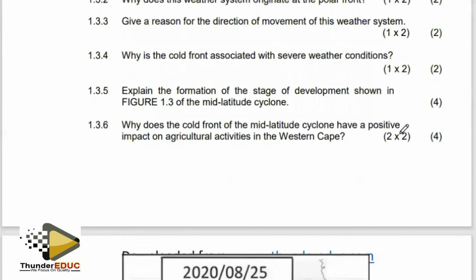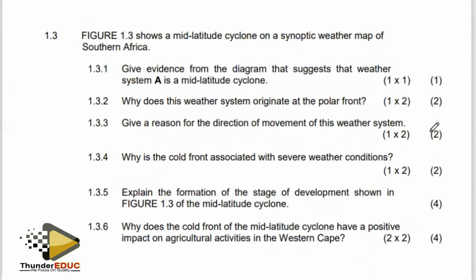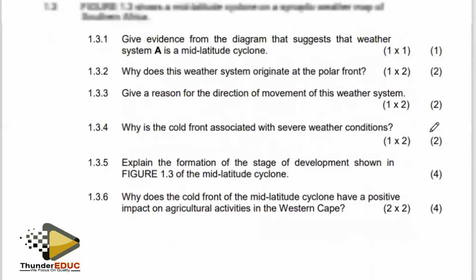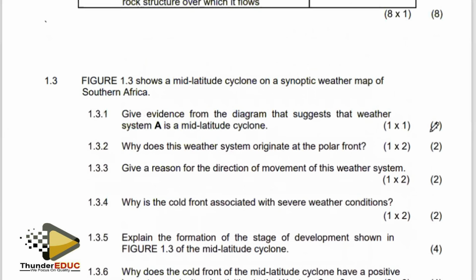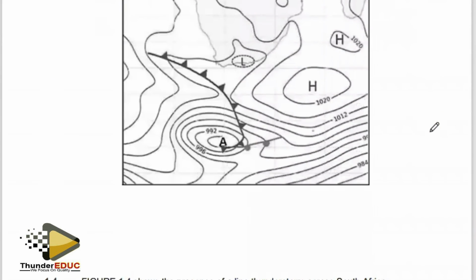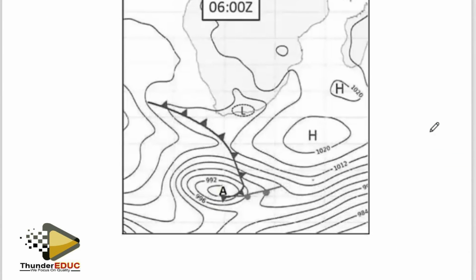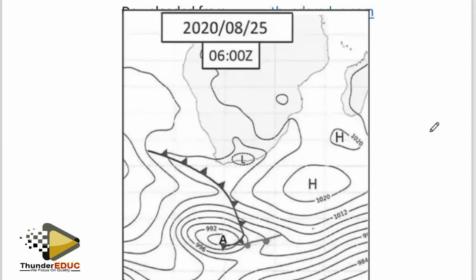All right. So they say, give evidence from the diagram that suggests that the weather system A is a mid-latitude cyclone. So what evidence can we give to suggest that the weather system at A is a mid-latitude cyclone? For this question, we can see it has a cold front and a warm front.